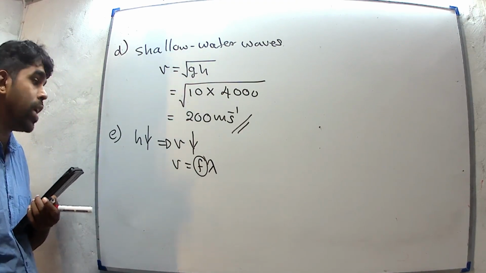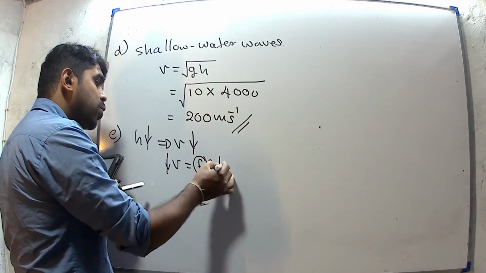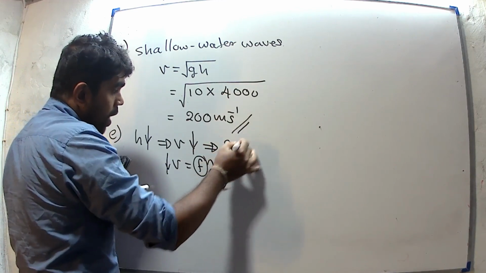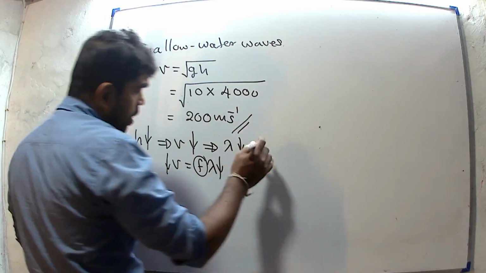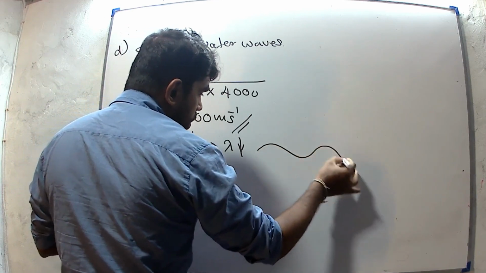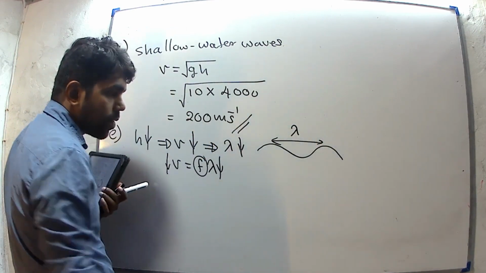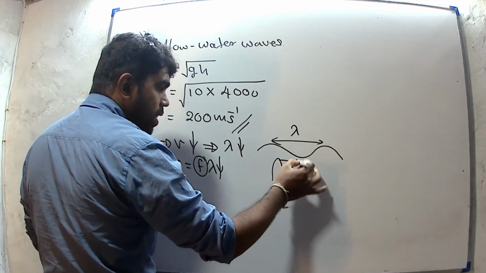Frequency depends only on the source. When velocity decreases, wavelength should decrease.